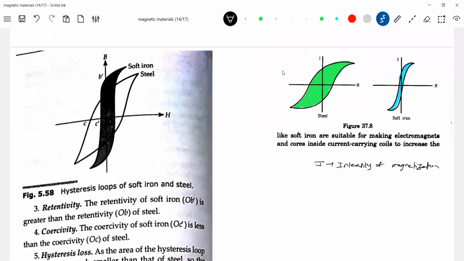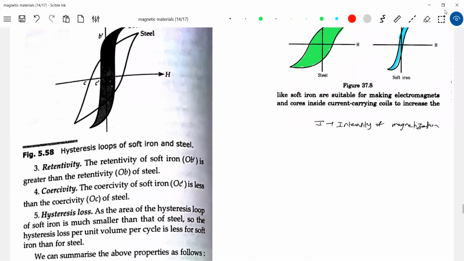But here I'm showing B, so don't get confused, because the net field inside the material is the measure of the intensity of magnetization, how much the substance got magnetized. And the measure of I is nothing but the net field inside the substance. So both are the same. That's why I brought two diagrams so that it will be easy for you. So definitely the iron has less area than steel. Agree with this? Okay, let's come to that one.